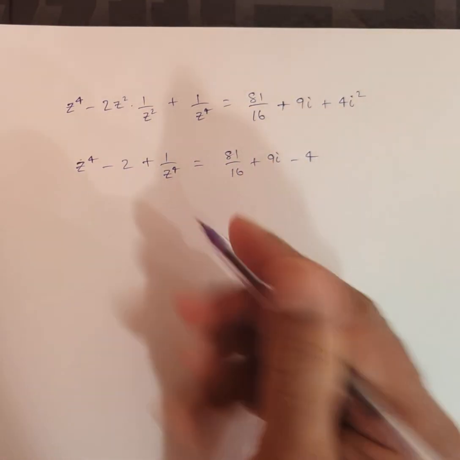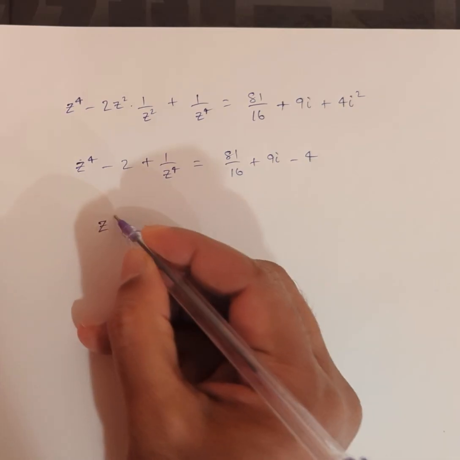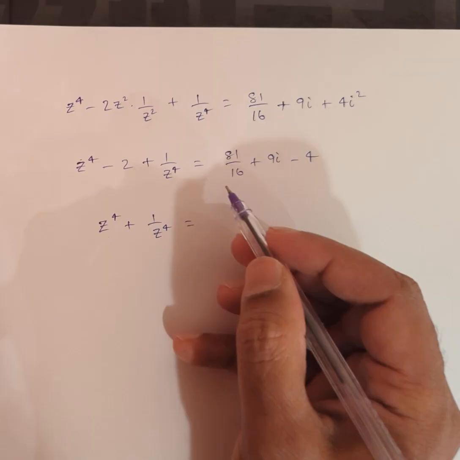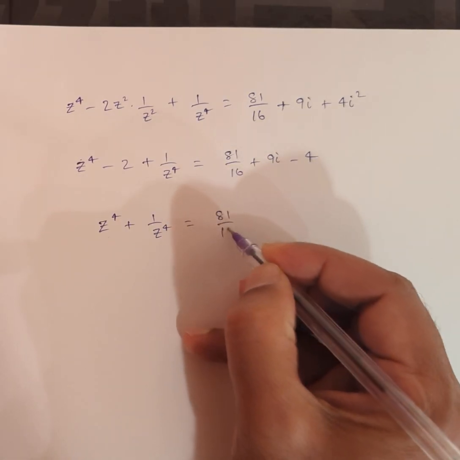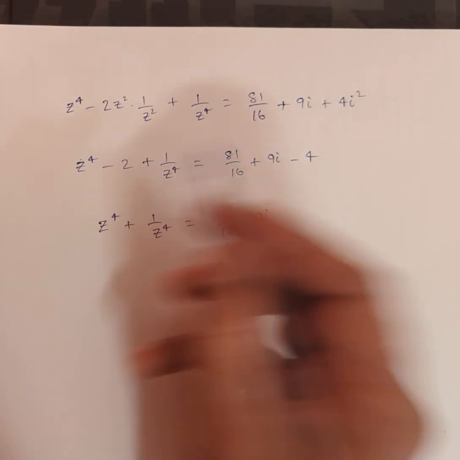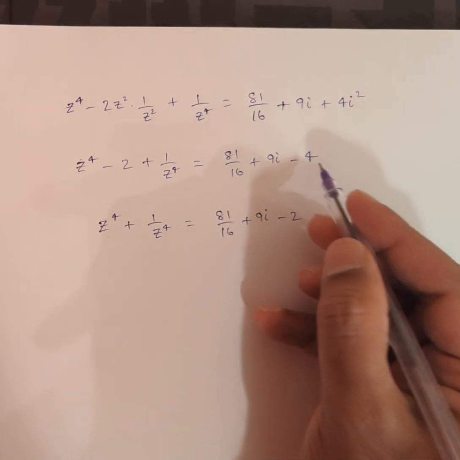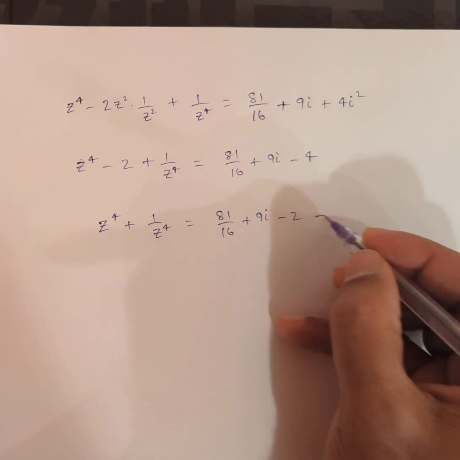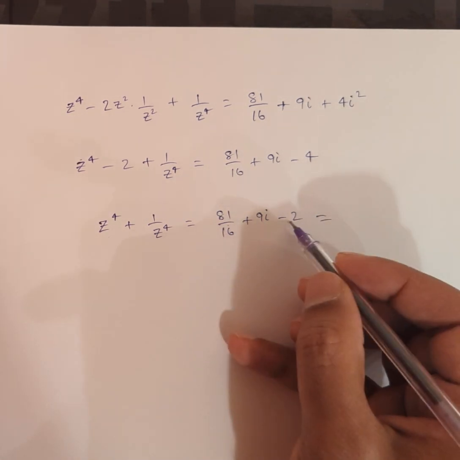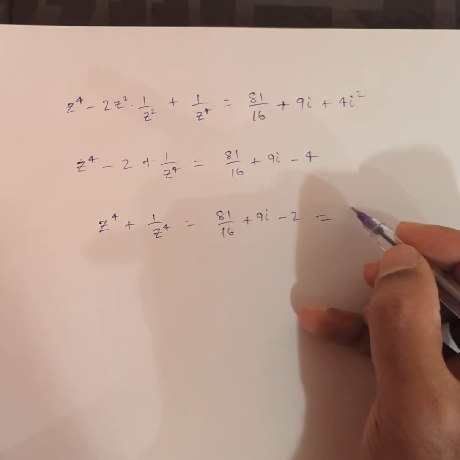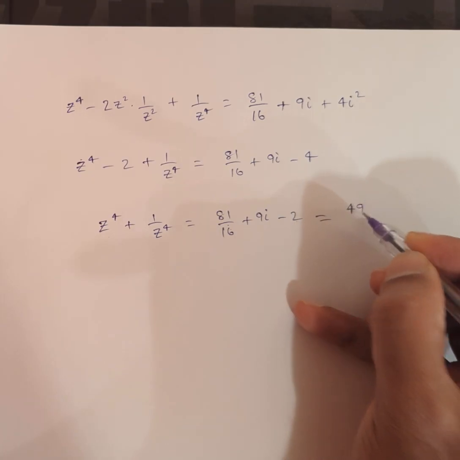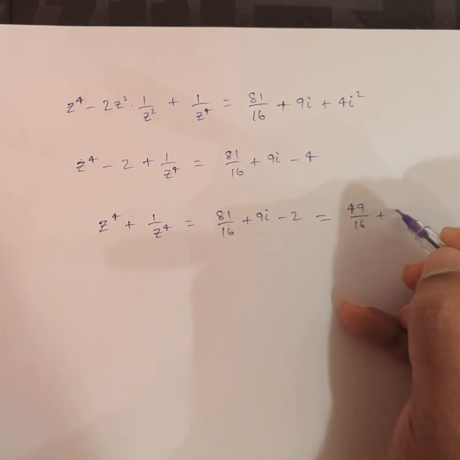Let's move this negative 2 to the other side, and then we have an expression for z to the 4 plus 1 over z to the 4. So that's going to be 81 over 16 plus 9i, and it would be minus 4 plus 2. So that simplifies; we can combine these two. 81 over 16 minus 2 is 81 minus 32, that is 49 over 16 plus 9i.